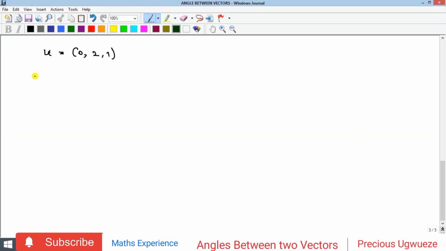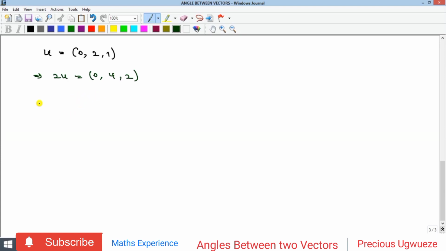Now 2u, which is a scalar multiple, is going to be 0, 4, 2. To show that it is parallel, all we need to do is take the dot product. By what we said earlier, if the dot product gives us exactly the same thing as the product of their magnitudes, then we say that they are parallel.